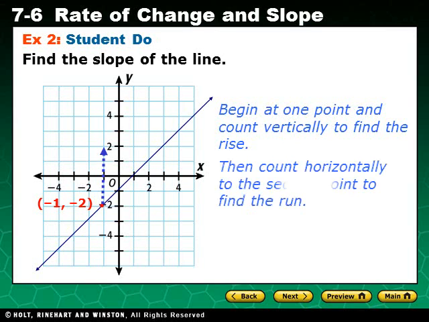And now we need to go right 1, 2, 3, 4 spaces. So we went up 1, 2, 3, 4 for a rise of 4. And we went right 1, 2, 3, 4 for a run of 4. The slope is 4/4, which is 1.